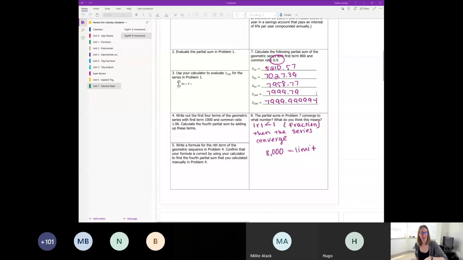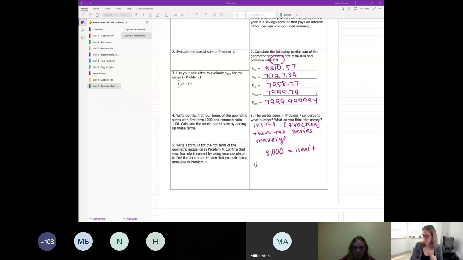So here you can see that your limit is converging to 8,000, right? And if you added up the first 1,000,000 terms, it still would never go above 8,000. Anytime you have a geometric sequence, if the absolute value of your common ratio is less than 1, then your series is going to converge, and there is actually a formula to figure out what it converges to.